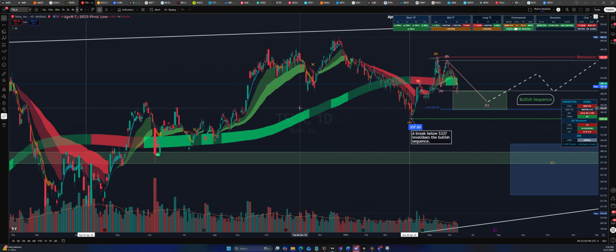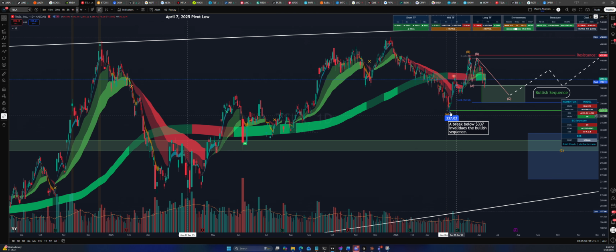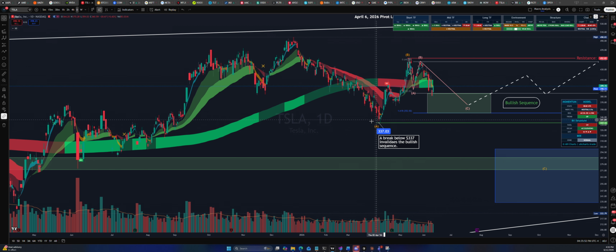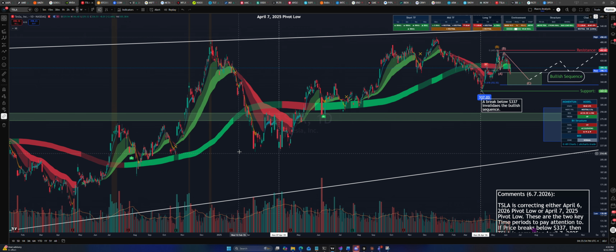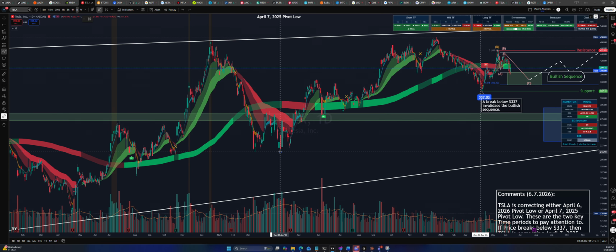Now, there's two things which I talked about. Tesla is either correcting this move here, because this move that you see over here was the April 7th, 2025 pivot low, and Tesla has corrected that pivot low. This was the wave 2 pullback that corrects this low at the bottom here.